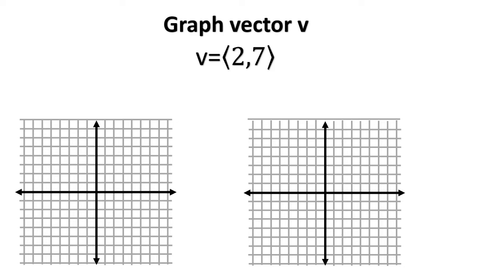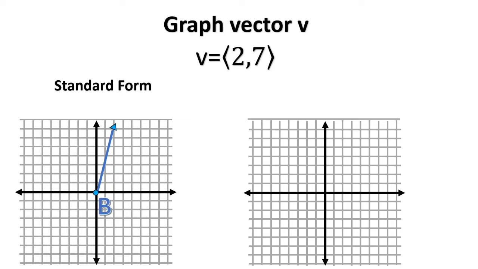Okay, so let's say we are asked to graph vector v. To graph the vector in standard form, we would plot a point at the origin. This would be the tail. Then we would draw an arrow at the coordinate (2, 7). Connecting the tail to the head, we would have drawn vector v in standard form.